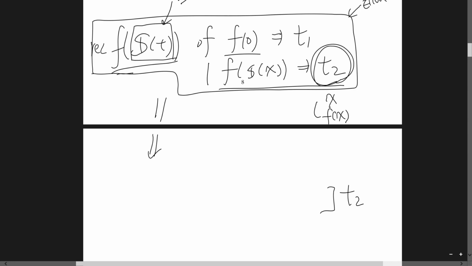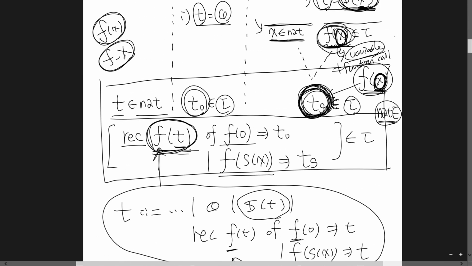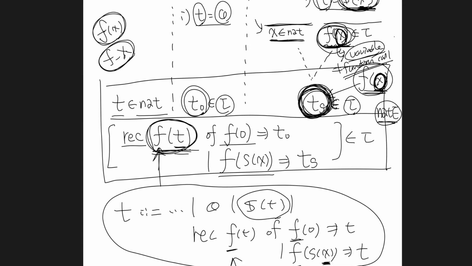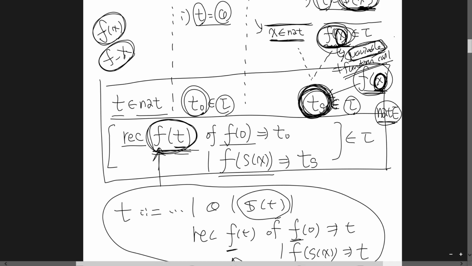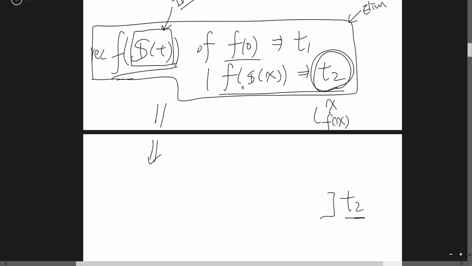Remember that this f of x that appears here is not function call or lambda application. Semantically, it denotes the result of a function call, recursive function call, but syntactically, it is variable. So inside this term t2, we have two variables, term variable x and term variable f of x.